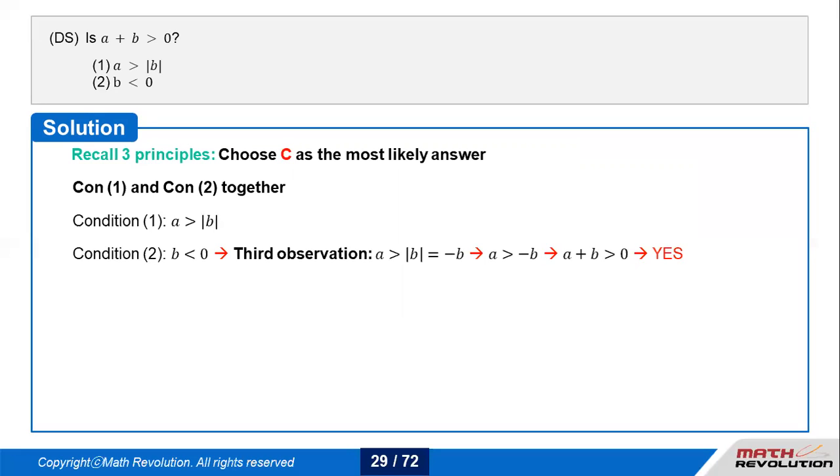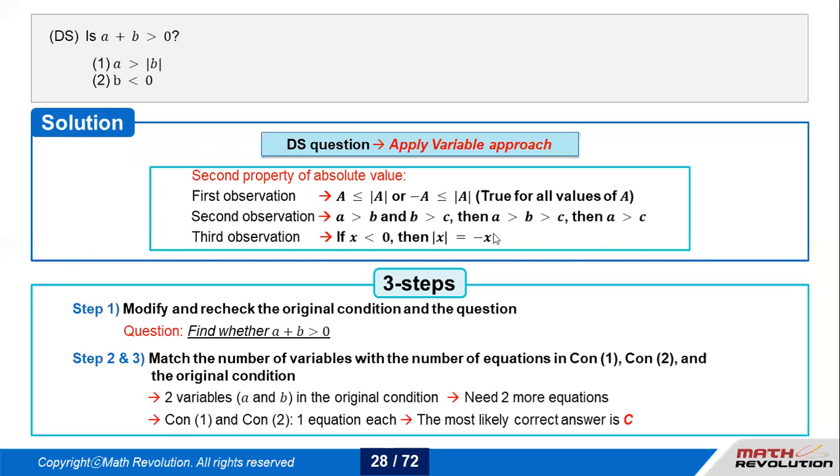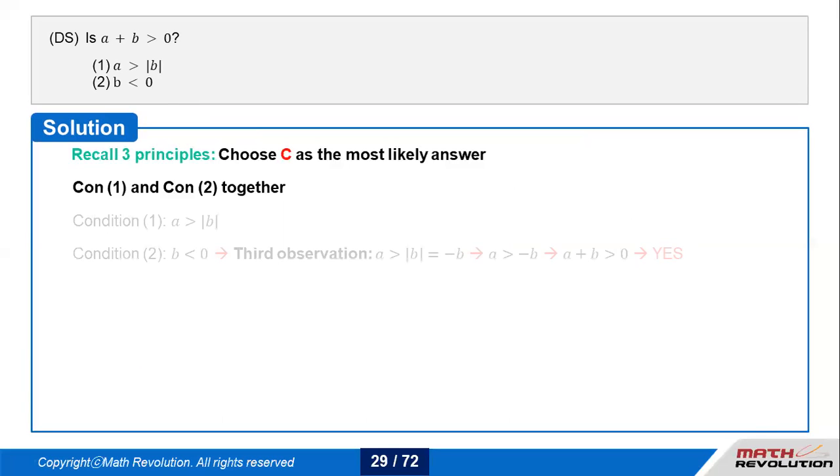Indirectly, we want to say that A is greater than minus B, because modulus of B will give you minus B if B is less than 0. This is the third observation here. If X is less than 0, then its modulus will give you its negative value. If B is less than 0, then the modulus of B will give its negative value, which is minus B. A is already greater, so A has to be greater than minus B.